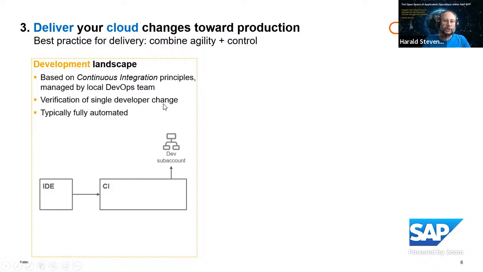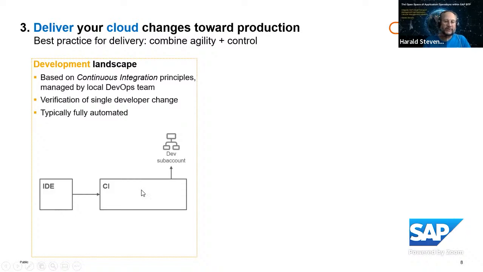So we're talking about the development use case, which means we have our integrated development environment, like Business Application Studio, for example. We have a continuous integration server. In this case, we are using the continuous integration delivery service inside BTP.